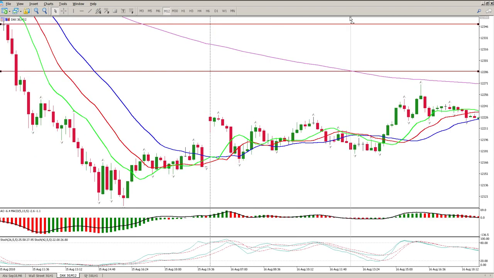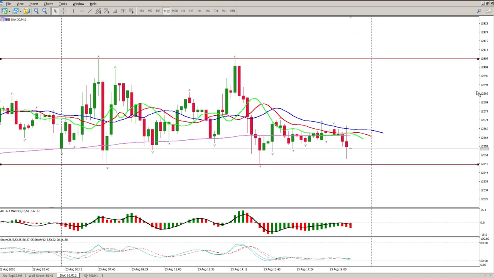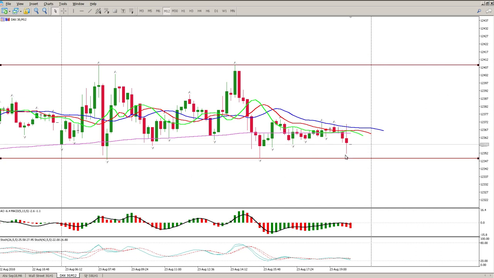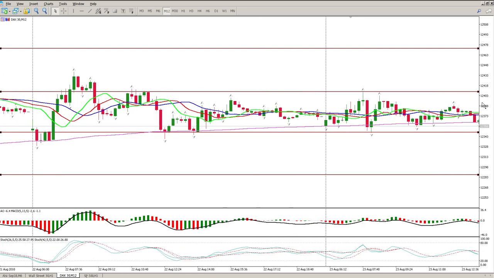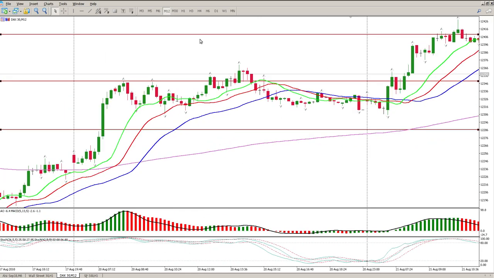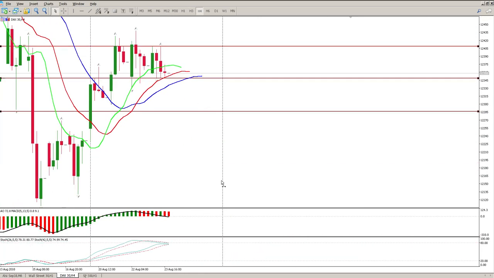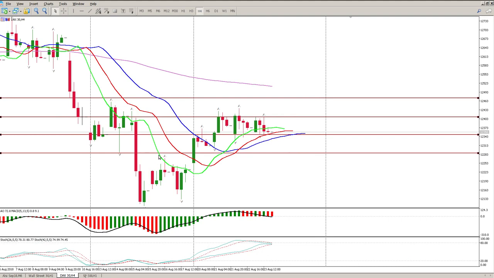So in saying that, what am I doing today? Paying very close attention to this level here at 123.50. If that does go, then we will be looking for 12286 and possibly even more. Okay, so what we need to do is just get down to the 4 hour, and you'll see how that lines up with this breakout here as well.